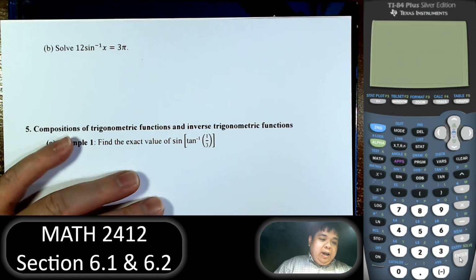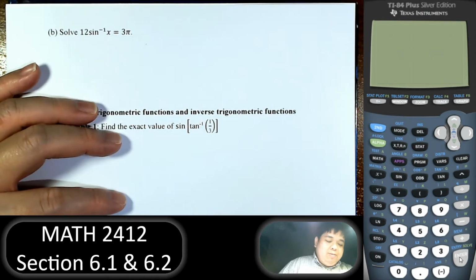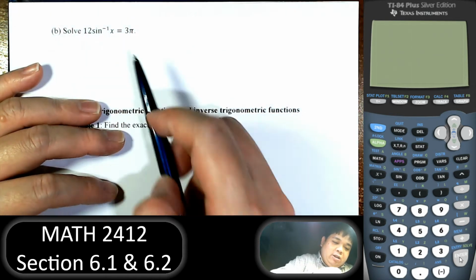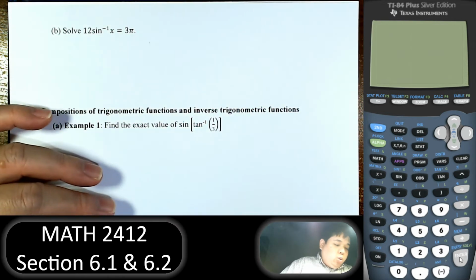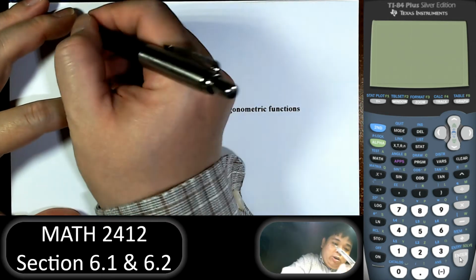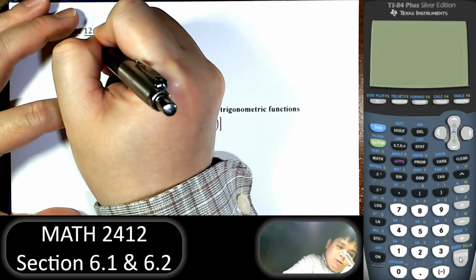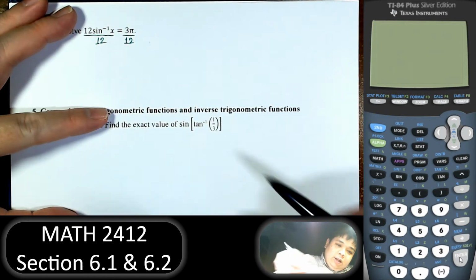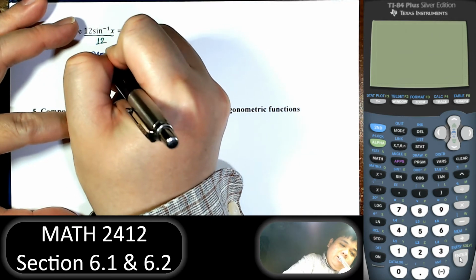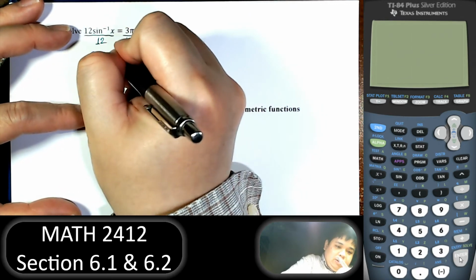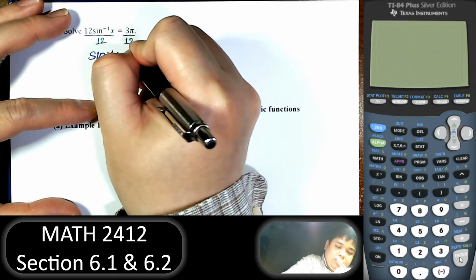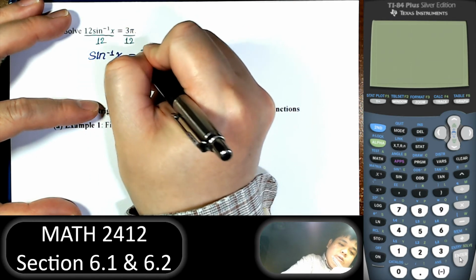Right, next, try to solve this. To solve this, first I'm going to get the inverse function by itself. So let's divide by 12 on both sides. So we have sine inverse of the expression, and that gives us pi over 4.